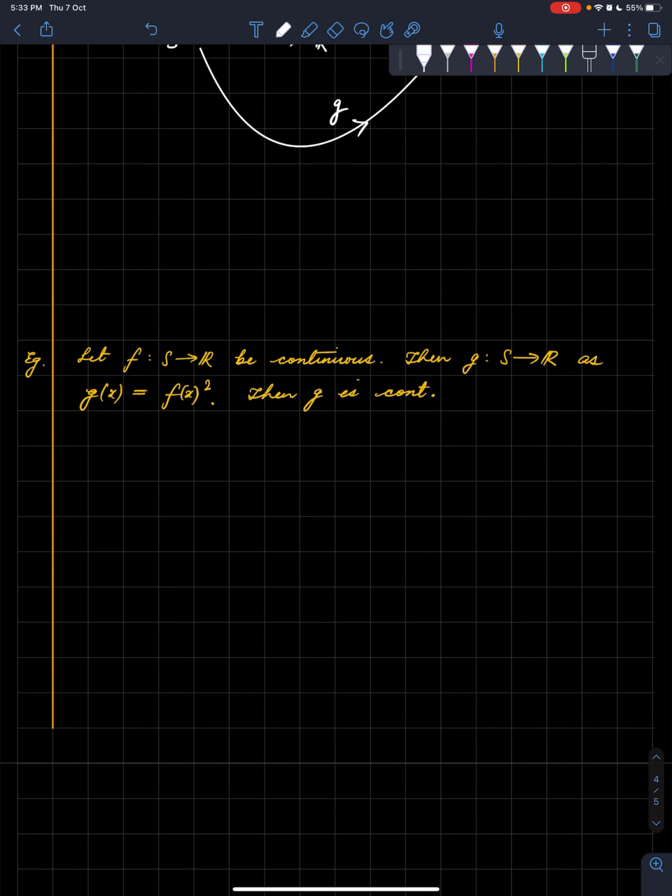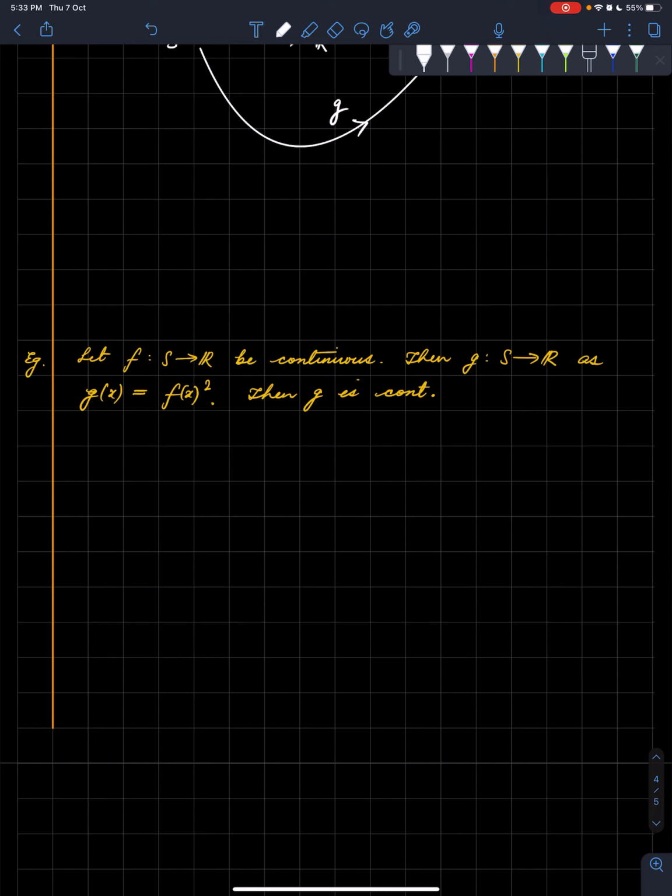Let's take another example, where we have some function f which is again continuous everywhere, and then we define g as the square of f, meaning it consumes a point x and spits out the square of the value that f takes at that point, and then we claim that g is also continuous.